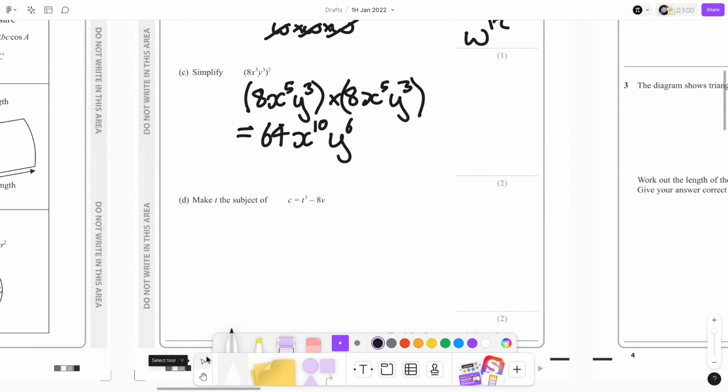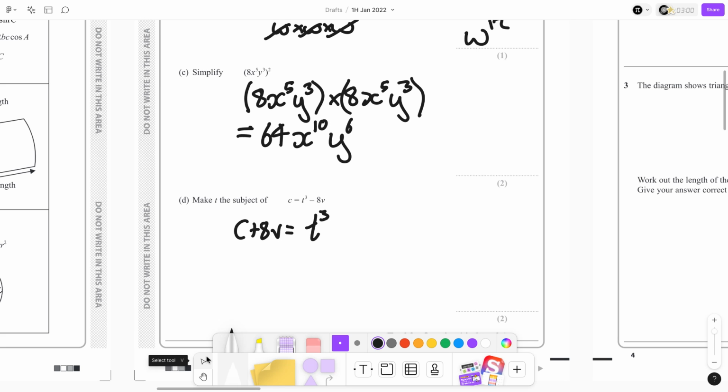Okay. Next one, we're going to make t the subject. So we're going to get the v on the other side and leave the t on this side, so we get t cubed. We add 8v to both sides, so we get c plus 8v equals this. Now what do we do to both sides?